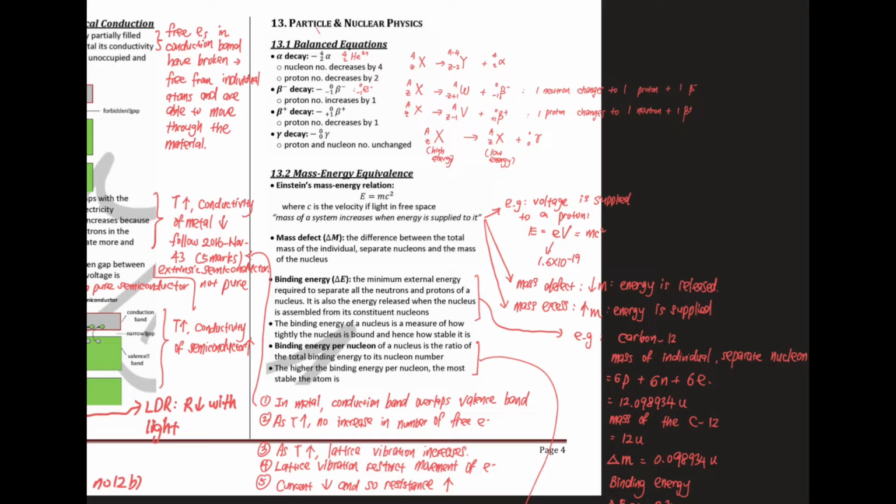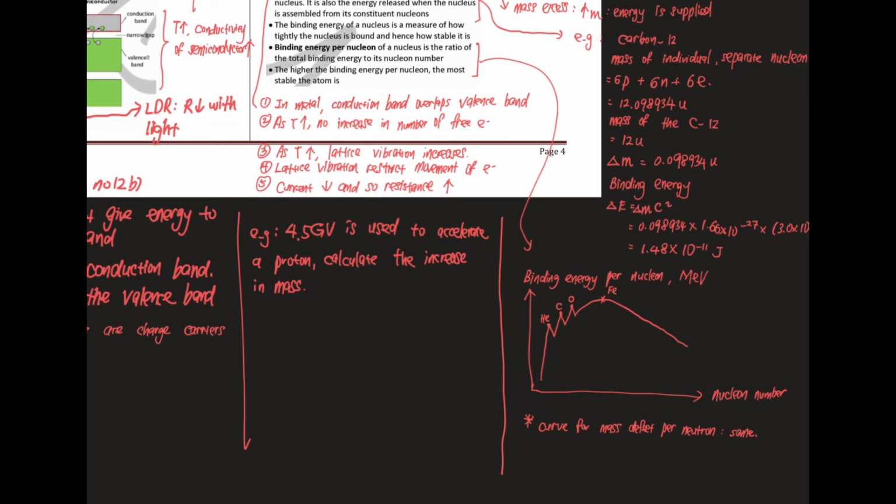We have to use something like this to do the calculation. So E equals 4.5 gigawatt. But when you want to count the energy, you have to use electron volt, eV.